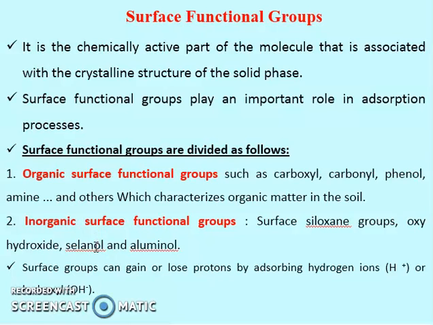Phyllosilicate and so on. Surface groups can gain or lose a proton by adsorbing hydrogen ion or hydroxyl ion. In this case, it is called pH dependent, because the surface charge depends on the pH, as I will explain.